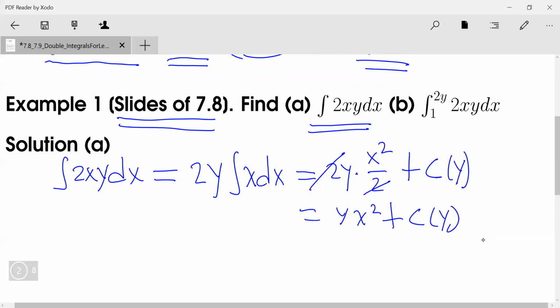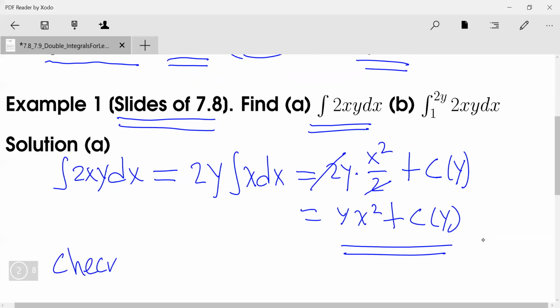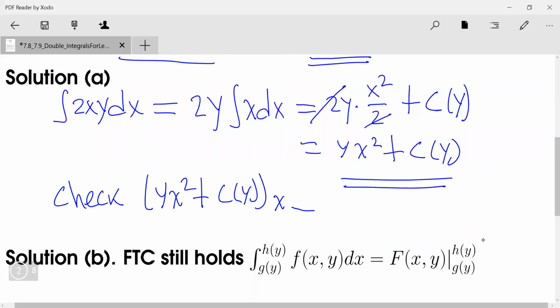And that's our answer. Now we can easily verify this by checking the derivative of this function. This is the partial derivative with respect to x. We take the derivative of the first term and get y times 2x, plus the derivative of this term, which is independent of x, so the derivative is 0.